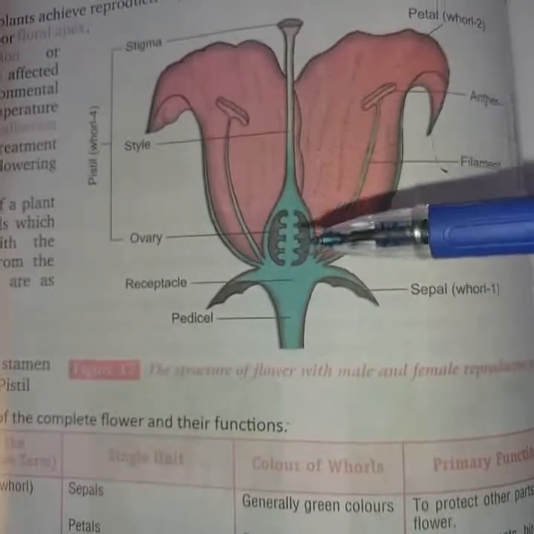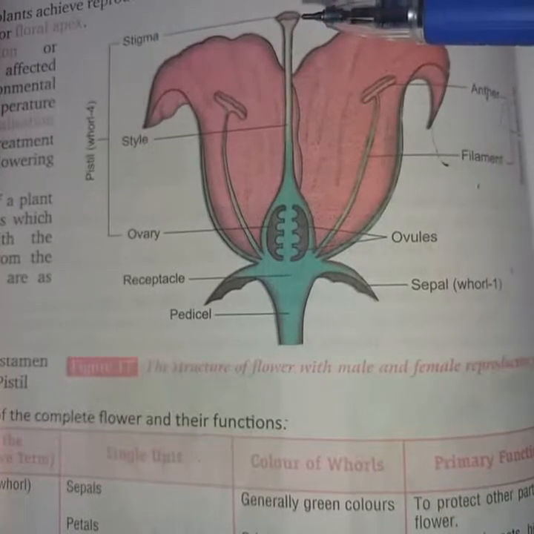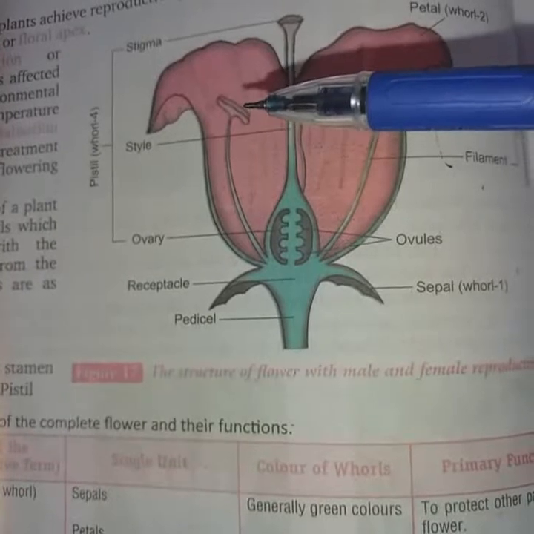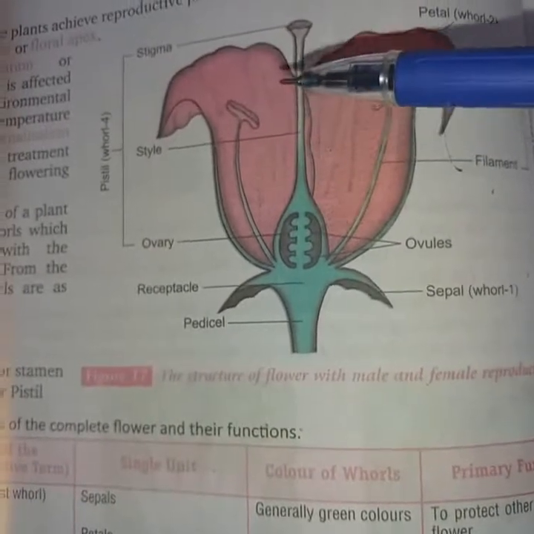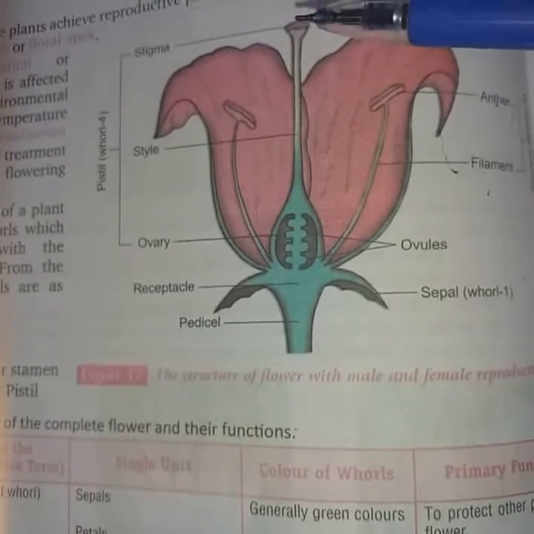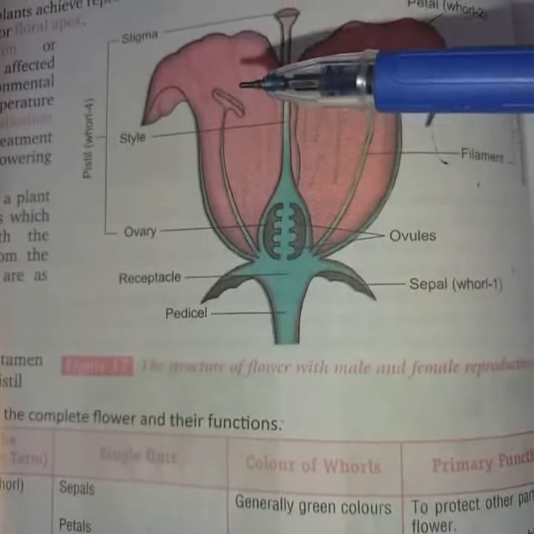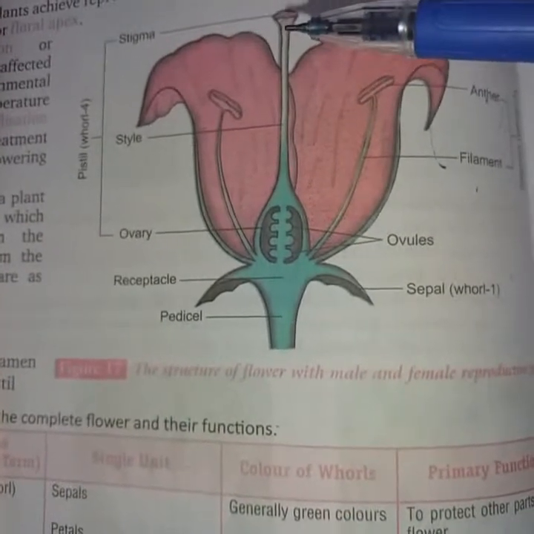This structure helps pollination. When mature pollen grains are in this pollen sac, then the pollination process starts. After fertilization, pollination is the main important process of sexual reproduction.